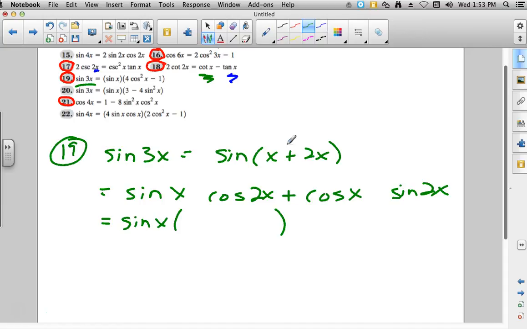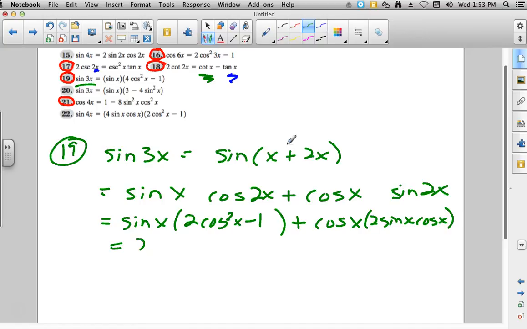So I look at my cosine of 2x double angle formula, and that will give me 2 cosine squared x minus 1. And I find my sine of 2x formula, which is 2 sine of x cosine of x. And I just want to see what on earth I have at this point.